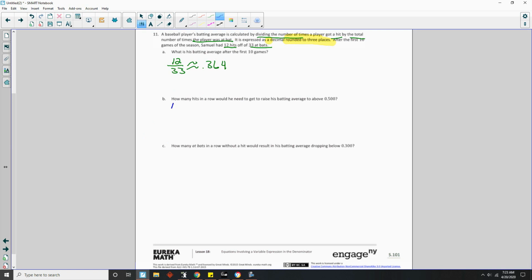He's already gotten 12 hits, plus some other number of hits, divided by 33 plus some unknown number of hits. In other words, he's got to get a hit every time at bat until we find out when he's batting 500. That has to be greater than 0.500, because it says to raise his batting average to above 0.5.